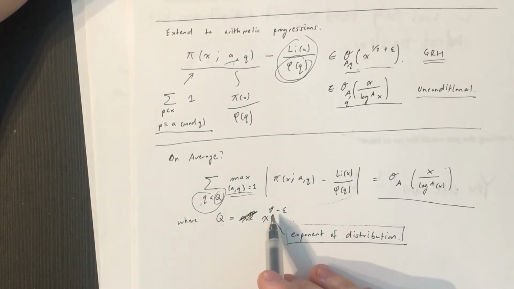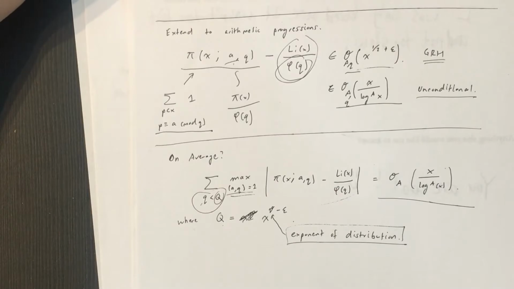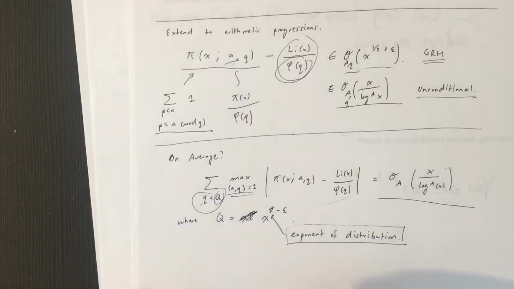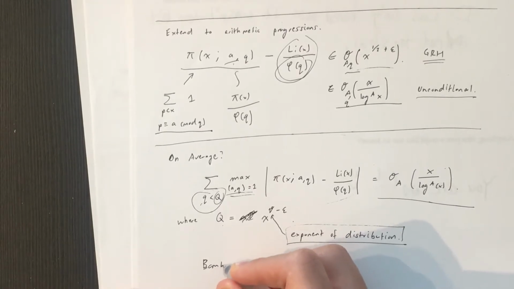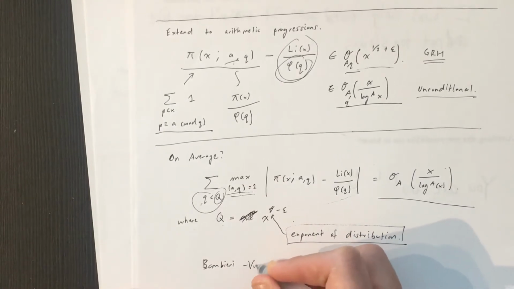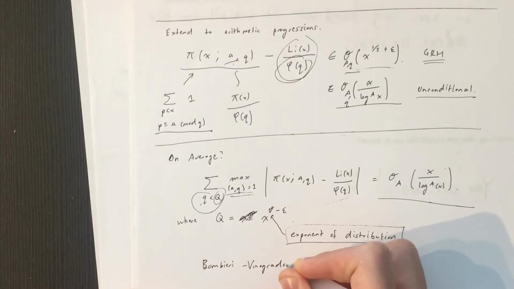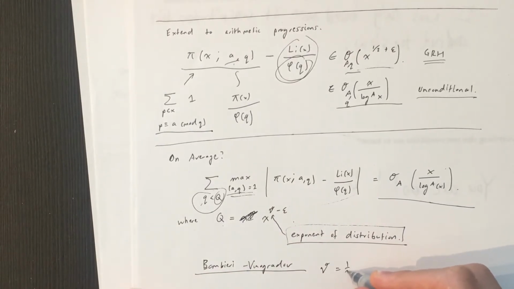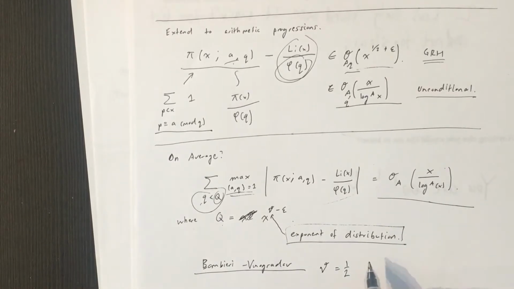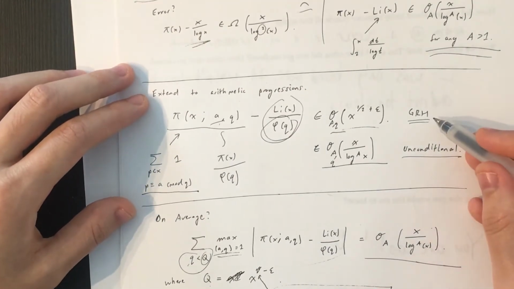So there's a limit on the maximum exponent of distribution you can have. And it turns out that this is the Bombieri-Vinogradov theorem: the exponent of distribution of the primes is 1/2. And this is what you'd expect just assuming the generalized Riemann hypothesis.